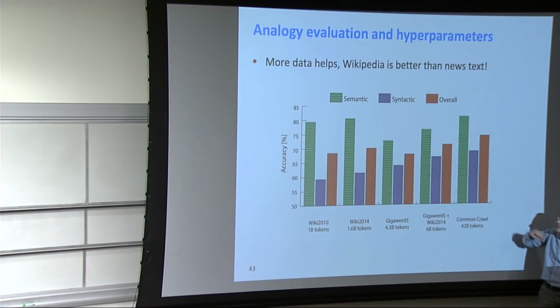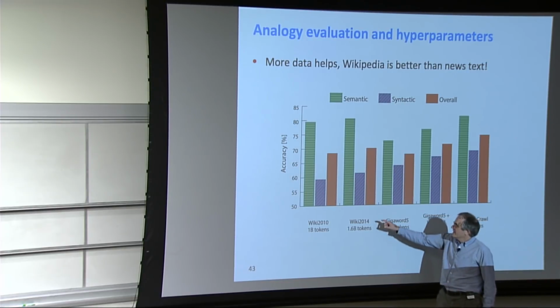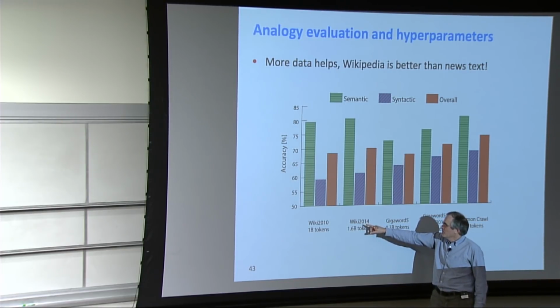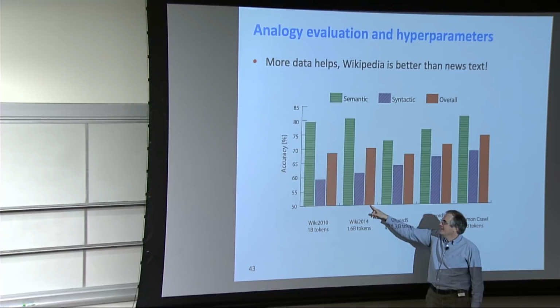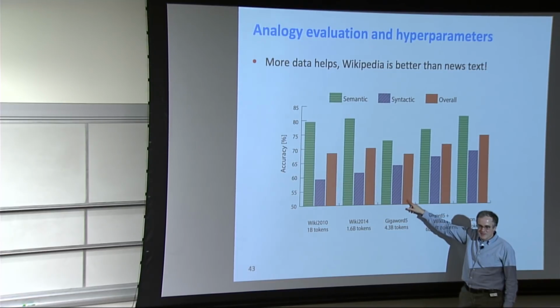That gives us the highest overall number. But there's something else that's interesting in this graph, which is that using Wikipedia works freakily well, so that you find that 1.6 billion tokens of Wikipedia works better than 4.3 billion tokens of Newswire, newspaper article data.